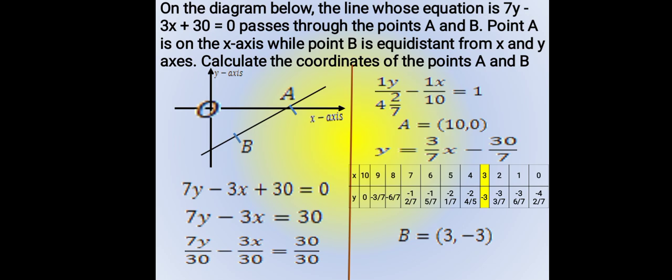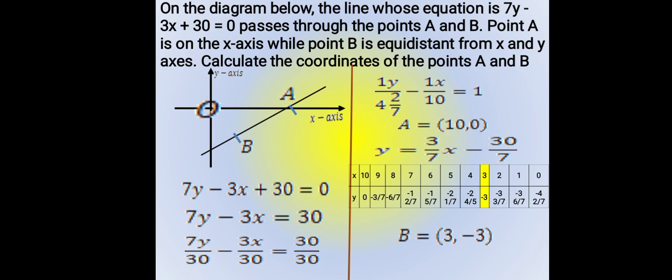So it means on that line I've been given point A. Point A should be (10, 0). That's a point where the x value is 10 and the y value is 0. So having solved for that, we now find point B. We have been told point B should be equidistant from the x and y axis.